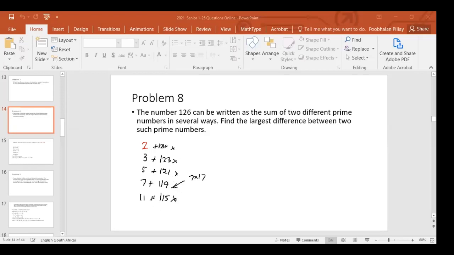It's taking a long time to get there. The next one is 13. And 13 plus 113. Okay, that works. 113 is a prime number. So the largest difference between these two prime numbers is 113 minus 13, which is 100.